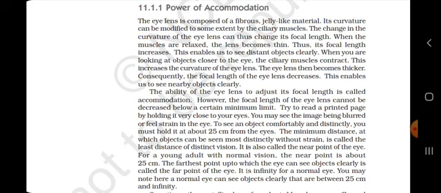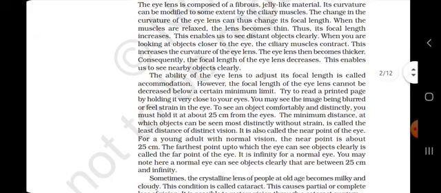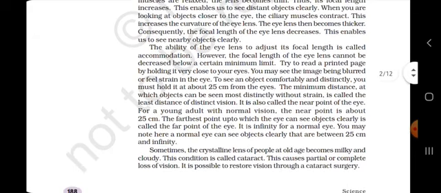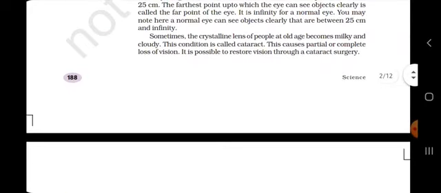As we have seen, the near point of a human eye is 25 centimeter and the far point of the human eye is infinity. So, the visible range for a normal human being lies between 25 centimeter to infinity. We also saw the defects of vision.